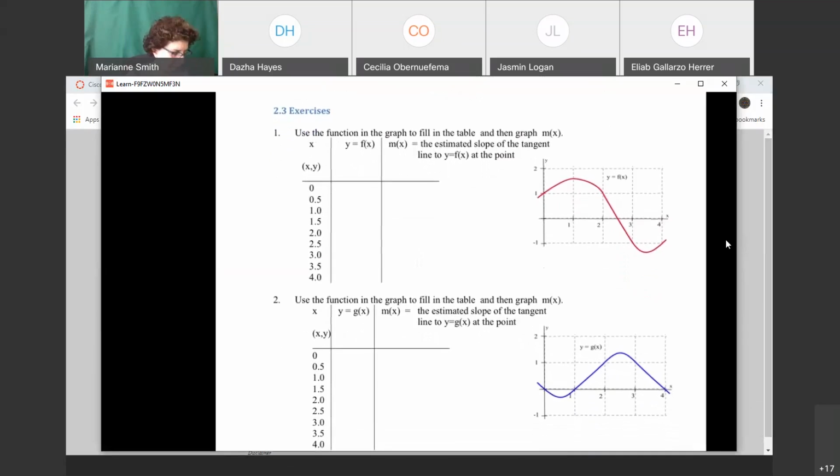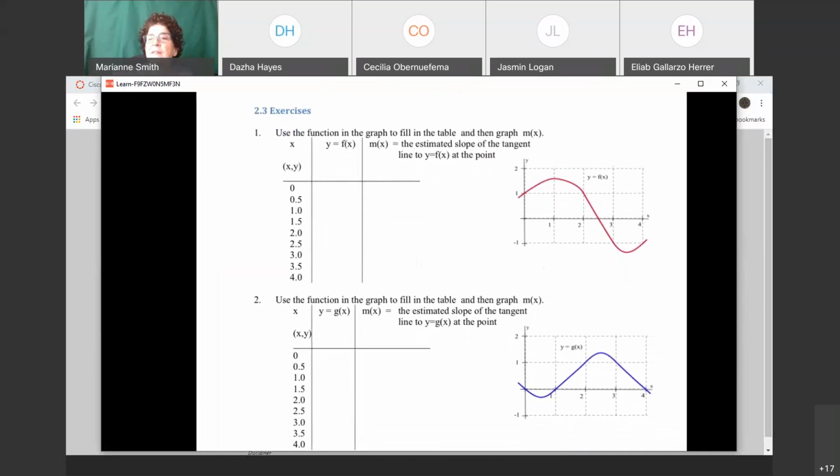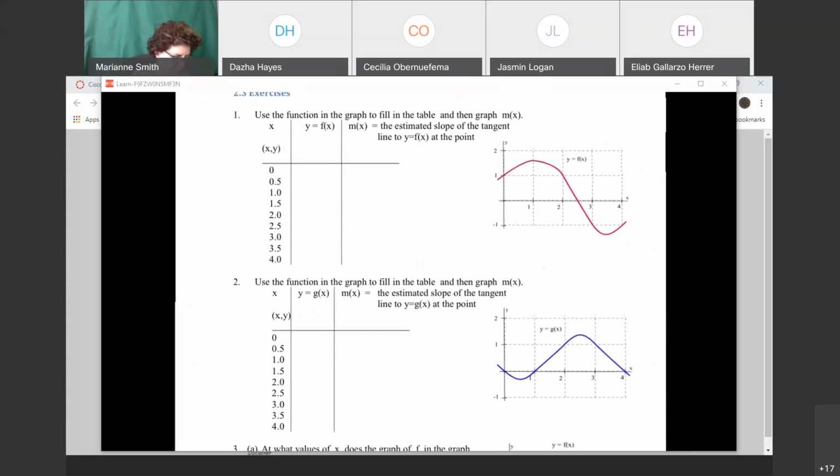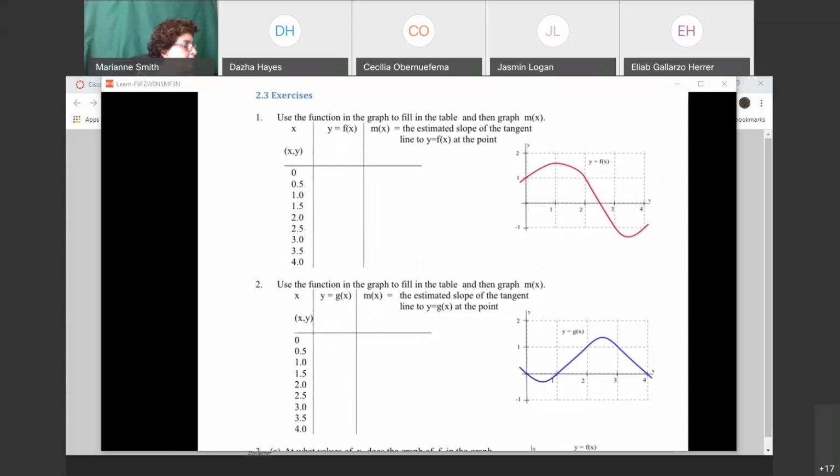It says 2.3 exercises. Everybody okay with seeing that? Everybody see 2.3 exercises? Okay, good. Here's a graph they're giving us, supposedly an f of x graph, and they want us, first of all, to fill in the y values that go with this.